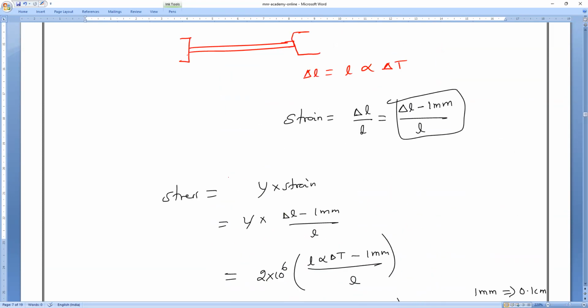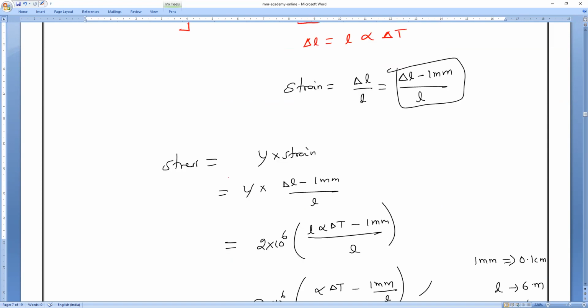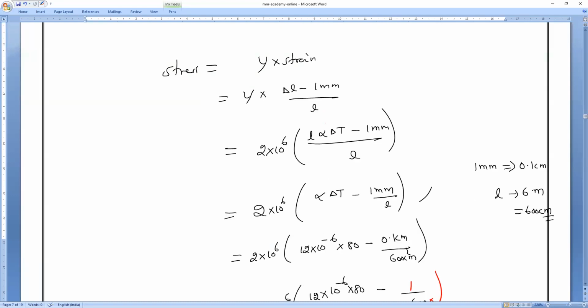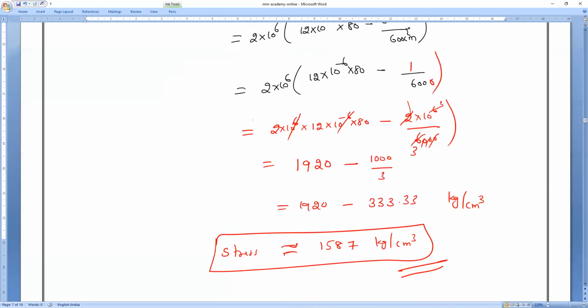This is how we calculate the stress in the body if the length expands or decreases. Remember, expands means minus 1. If it is allowed to compress 1 mm, plus 1 will come. So decreasing means plus, increasing means minus. That is what delta L, the change in length, will be. You have to solve questions like this only.